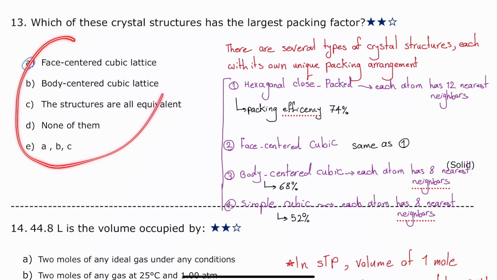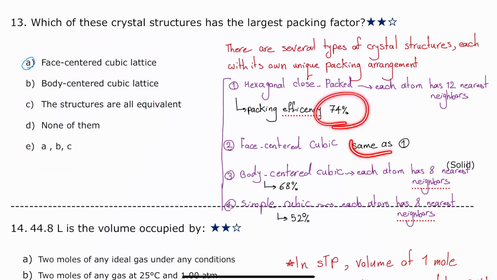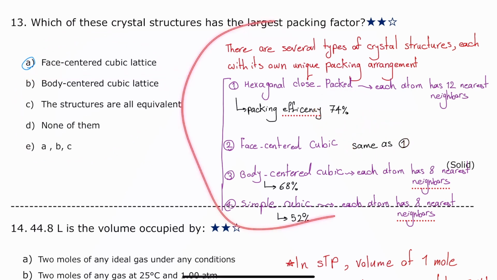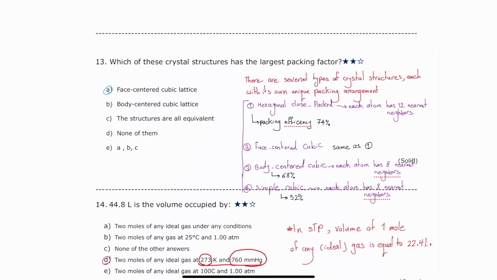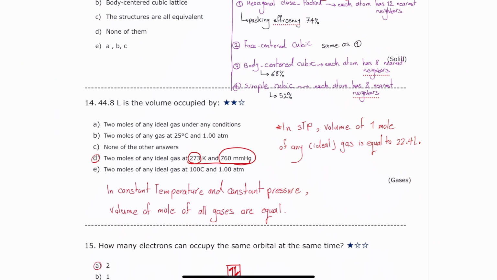So between these choices, the face centered, at 74%, is the highest, the largest one. It is more of a theory question, nothing that complicated, something you should memorize.